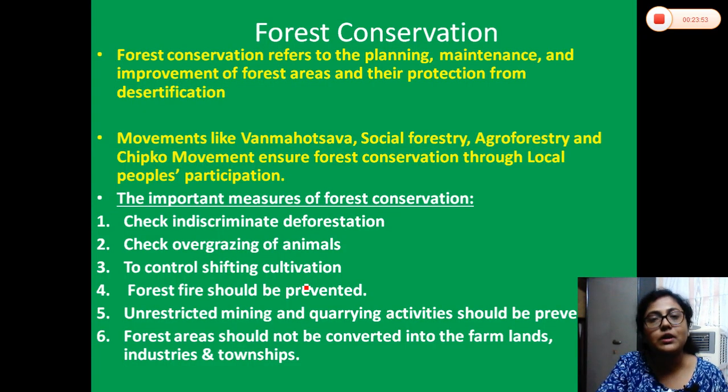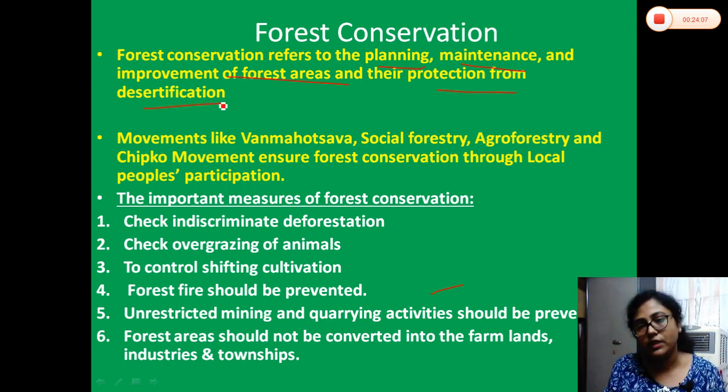So, we need to conserve forests. What is forest conservation? It refers to the planning, maintenance, improvement of forest area and their protection from desertification. Desertification means expanding the desert area. Through deforestation it is taking place.